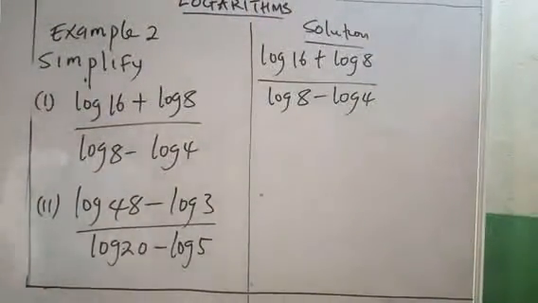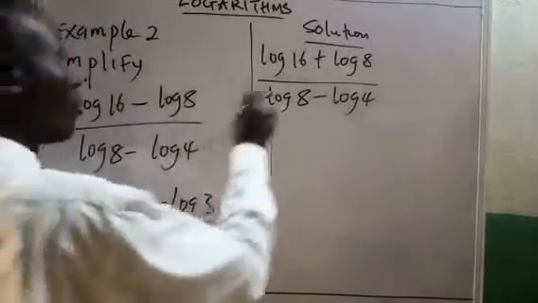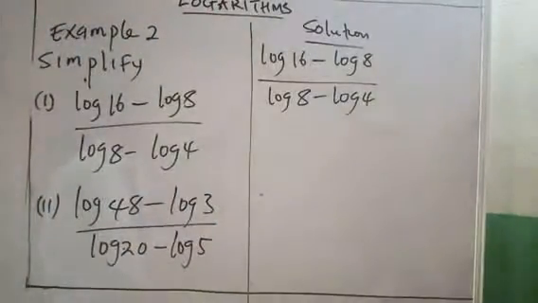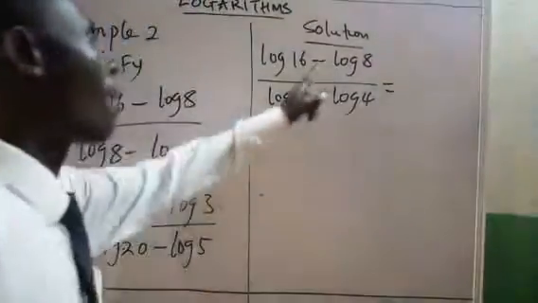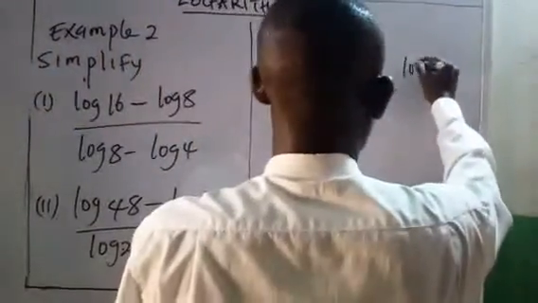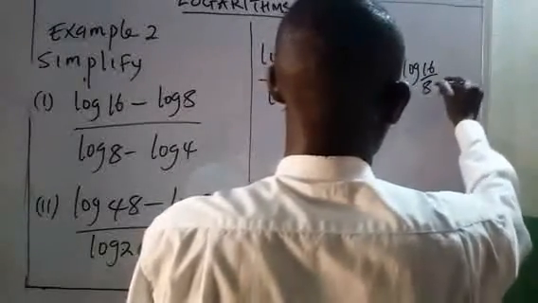I'm sorry, what we have here is minus. This is minus. This is the same thing as, remember, minus is division. So you have log 16 over 8.